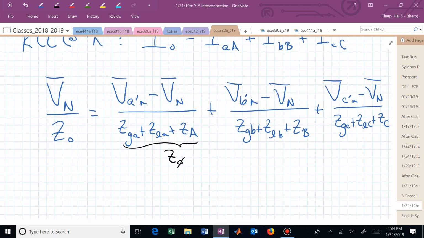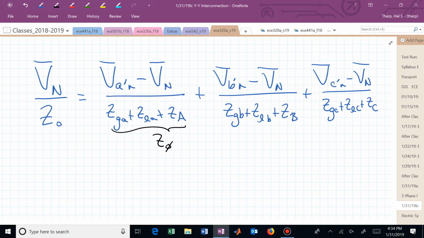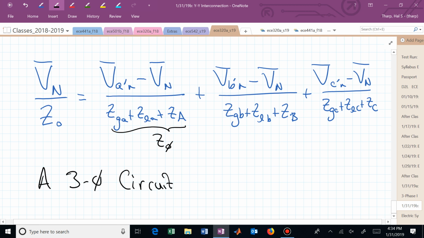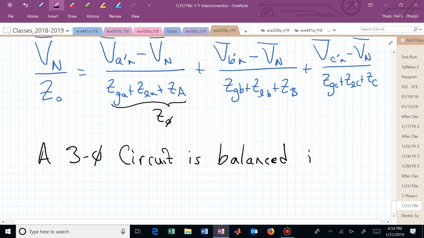And what we want to now think about is the scenario where we are working with a balanced system. And what do we mean by a balanced three-phase system? A three-phase circuit is balanced as long as a few properties are satisfied.